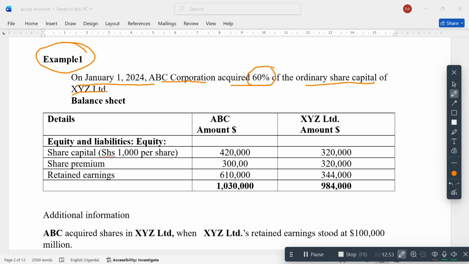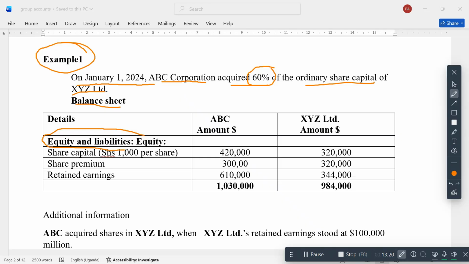For this case, we have 60%, meaning ABC is a parent and XYZ is a subsidiary. Now, they are giving even a balance sheet. This is what I was telling you. However, here, for learning purposes, I have not put a complete balance sheet, but rather I have just picked a section of equity.